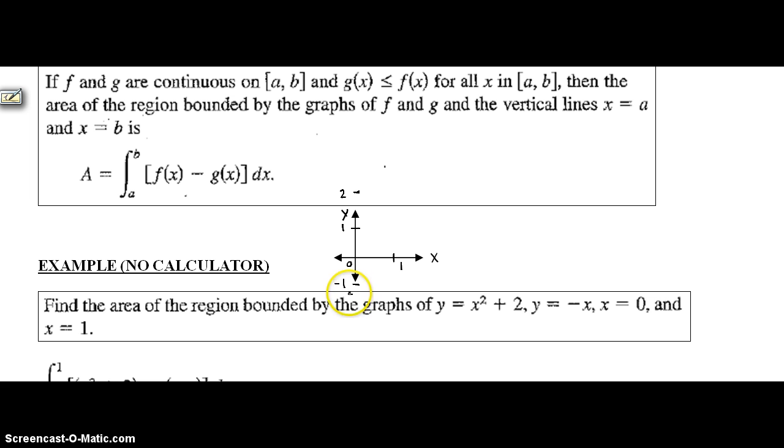And if I was to draw a sketch of these, I really only care about the region between x equals 0 and x equals 1. So y equals x squared plus 2, we know that's a parabola, but I only care about the region between 0 and 1, so I'm just simply going to plug in x equals 0 and find the y value and plot the point. So 0 squared plus 2 gives me the point 0, 2.